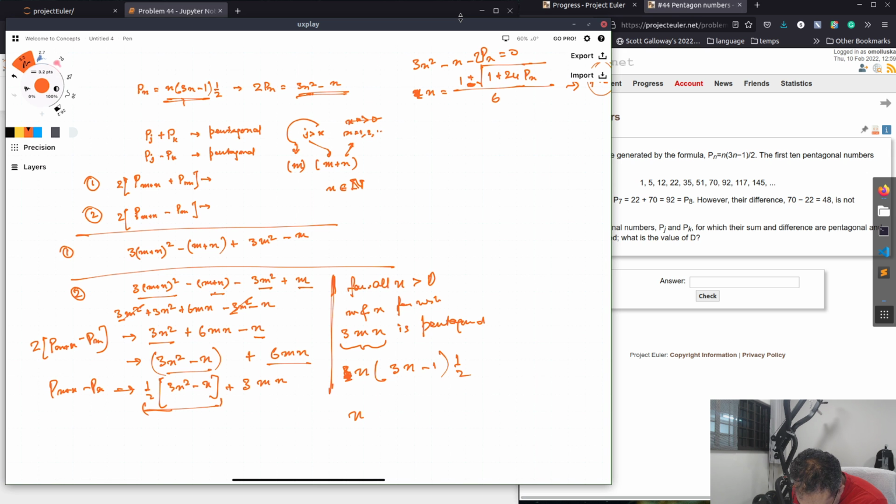So n times 3m can look like n times (3n minus 1) times a half.